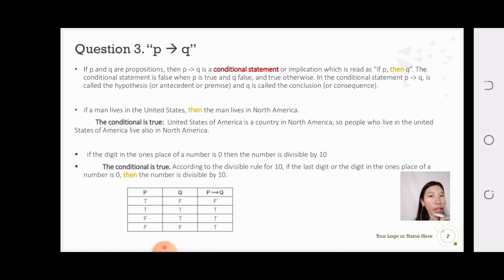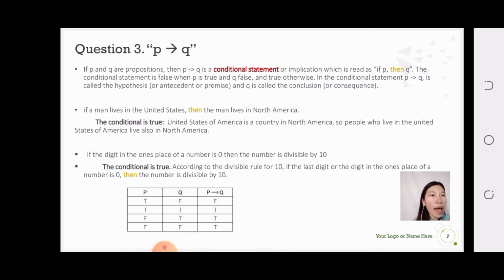So, question number 3. If P and Q are propositions, then the conditional statement or implication is read as if P, then Q. The conditional statement is false when P is true and Q is false, and true otherwise.